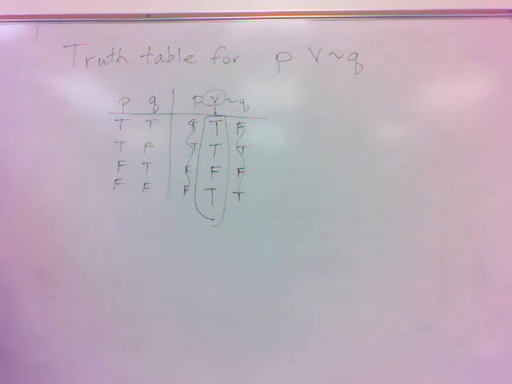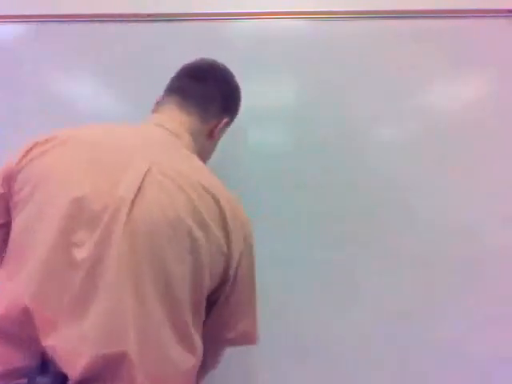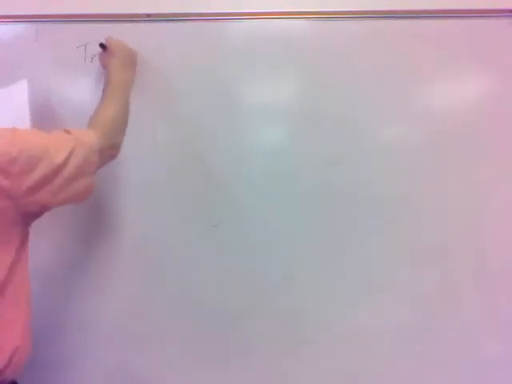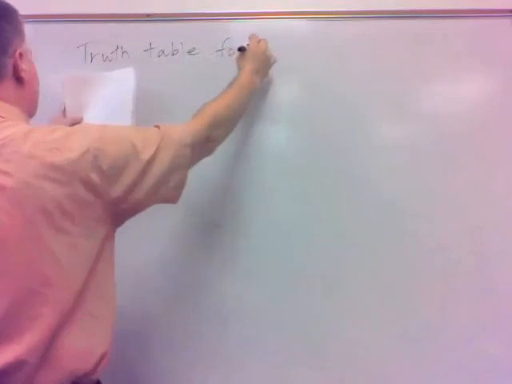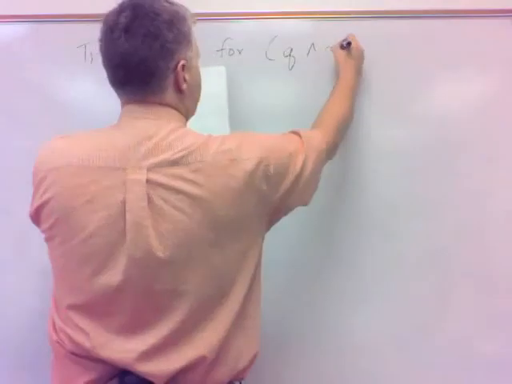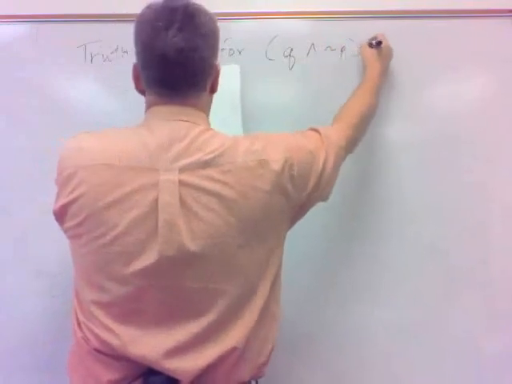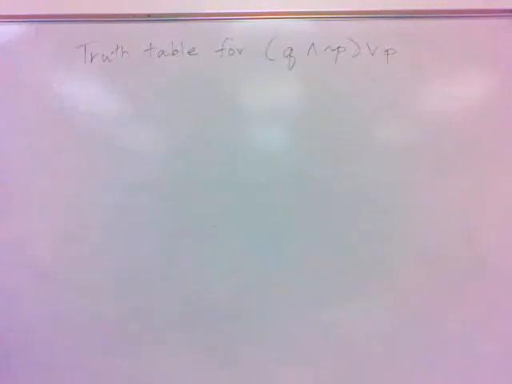So we're going to do several more of these as we go along. Let me do one more here with you. All right, so let's do the truth table for this one: parentheses Q and not P, or P. All right, so this one has multiple parts, but it's still just P's and Q's.